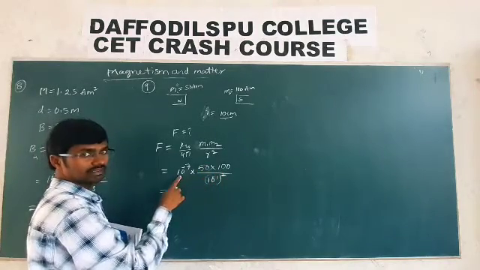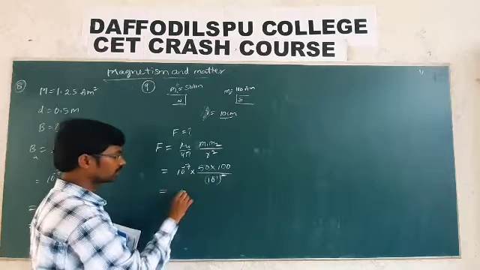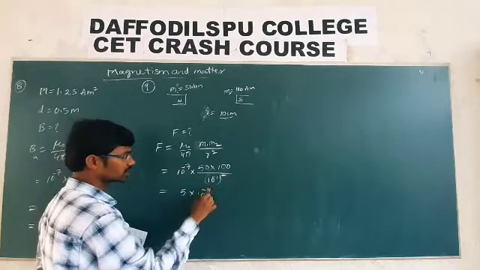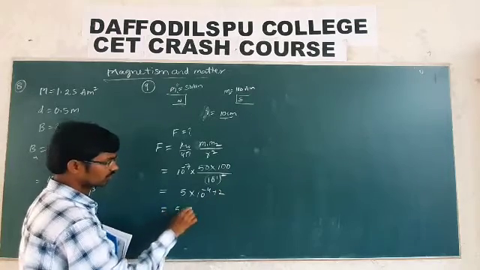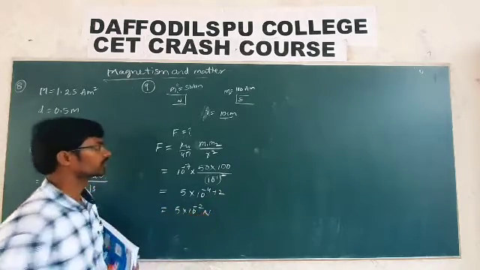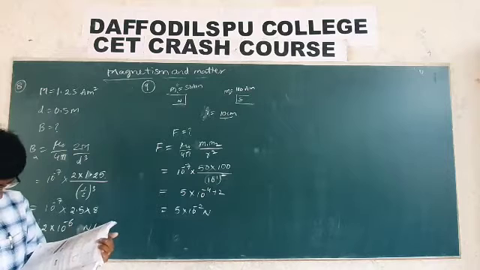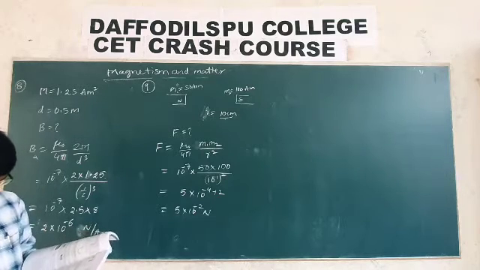And the pole strength of this bar magnet. So this is the bar magnet. Here this pole is 100 ampere meter. Let us take this as M1 and this as M2, and this M2 is 200 ampere meter.